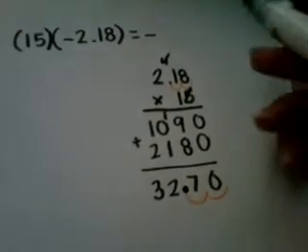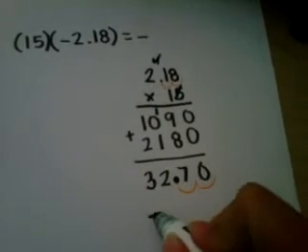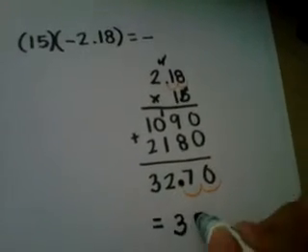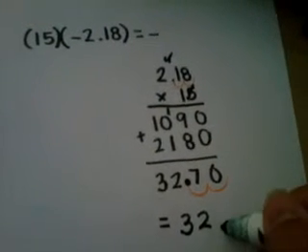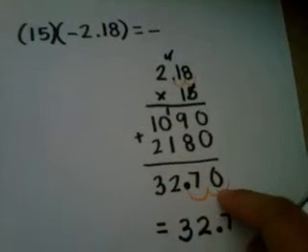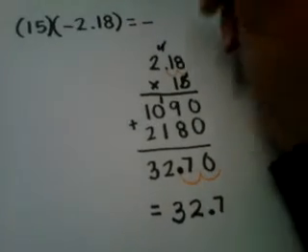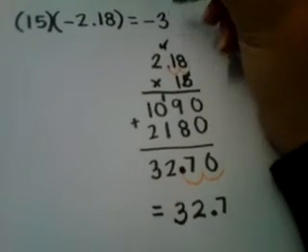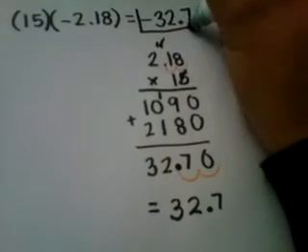And I'm going to write my final answer next to my negative sign. I know I don't need the last zero because 32 and 7/10 is equivalent to 32 and 70/100, since this is just telling me I have nothing in the hundredths place. So my final answer has that negative sign: negative 32 and 7/10.